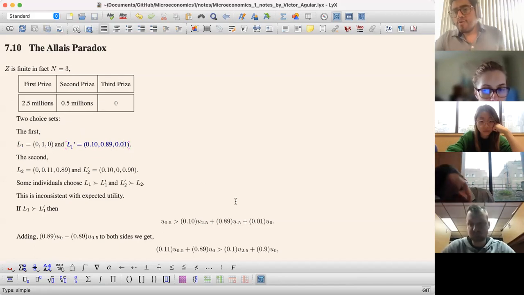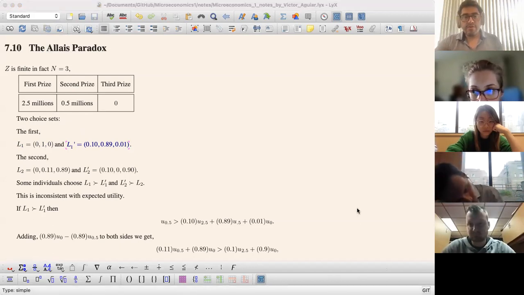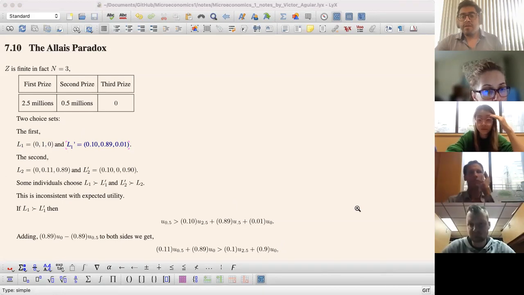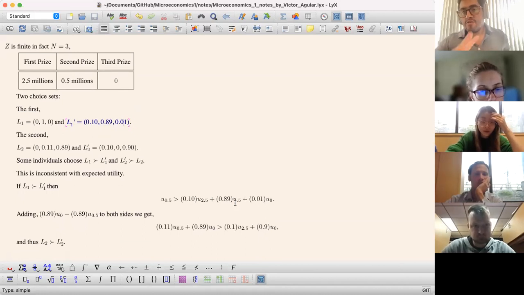How do people usually choose here? As you can see from our poll, 6 out of 10, 60% of people, chose the first alternative over the second. Now, the second menu: here I offer you two lotteries.